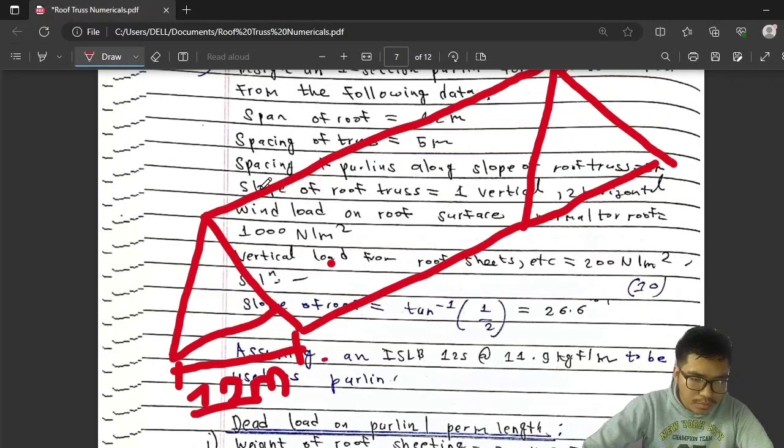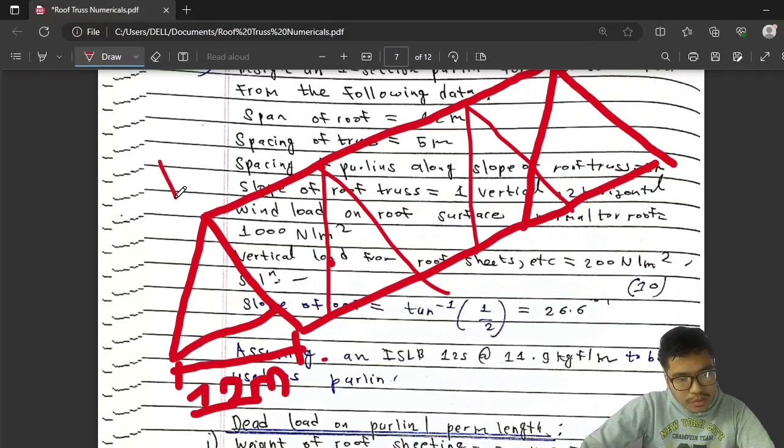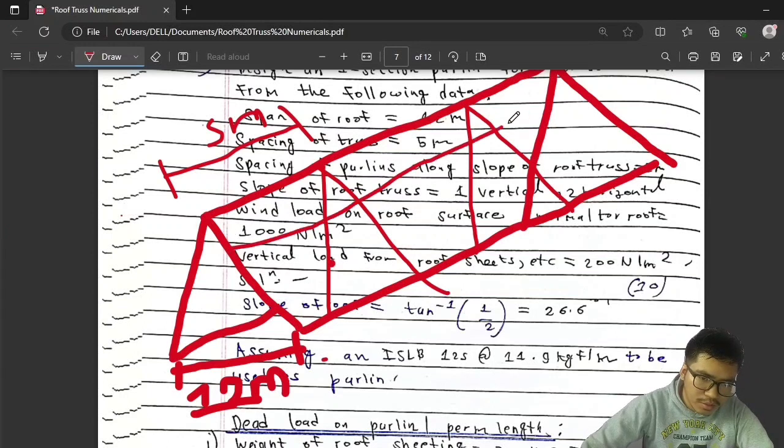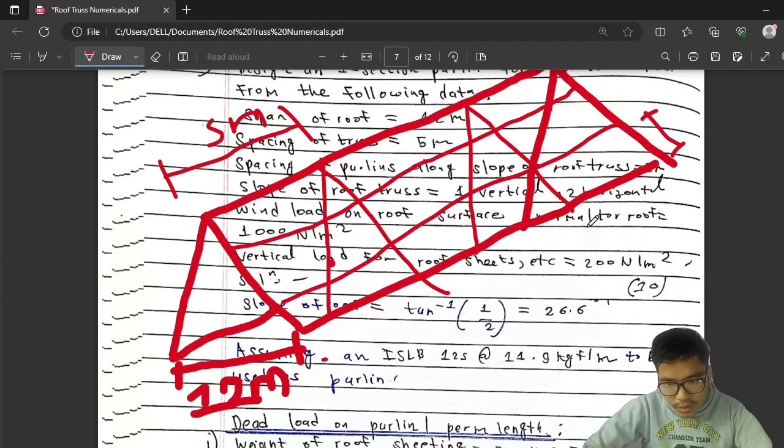And spacing of truss is 5 meters. Spacing of purlin along the slope, this is the slope, so spacing of purlin along the slope is, what is this?